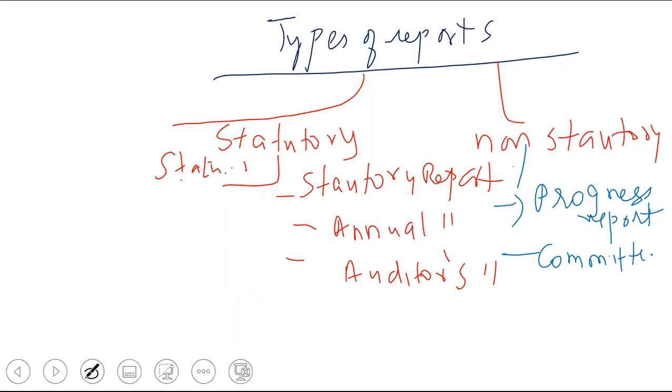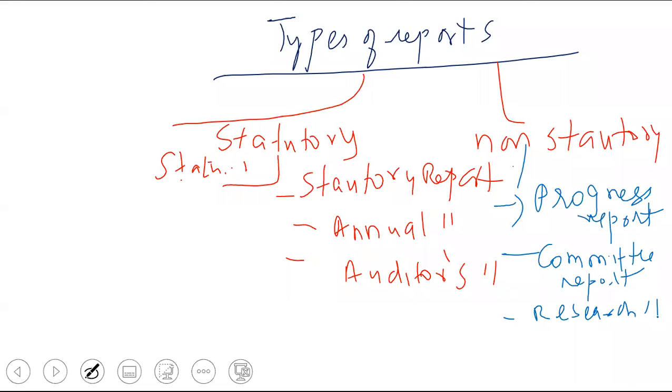Report writing is a very important art, everybody will have to learn it. Committee report. Last one is research report. Non-statutory reports are of 3 types: progress report, committee report, and research report. I hope you have taken down.